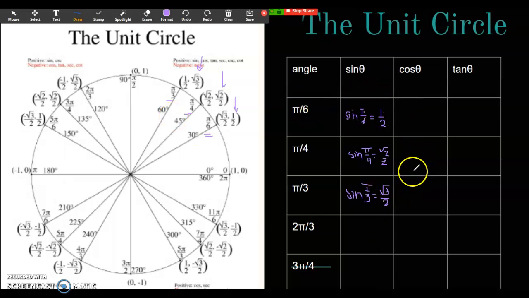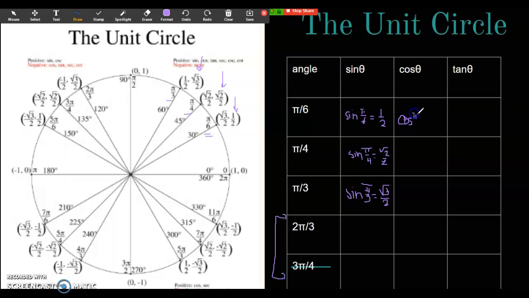All right, let's go back through and find the cosines. I'm going to skip these two angles here because I want to make a point, and I want to make the point later, not now. So let's find the cosine of these three angles. The cosine of these angles is going to be the x coordinate.